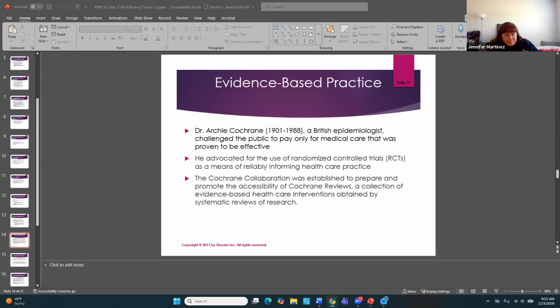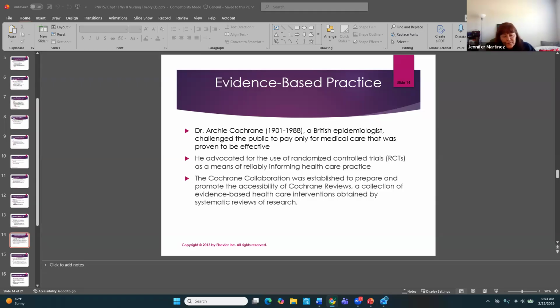Dr. Archie Cochrane was a British epidemiologist, and he challenged the public to pay only for medical care that was proven to be effective, right? He advocated for the use of randomized control trials as a means of reliably informing healthcare practice.